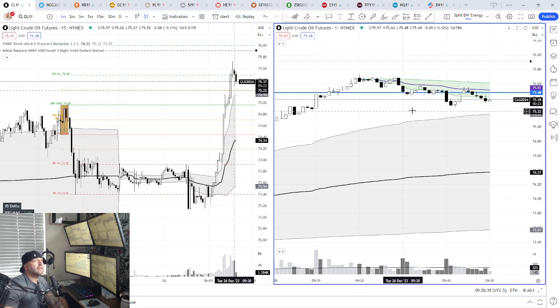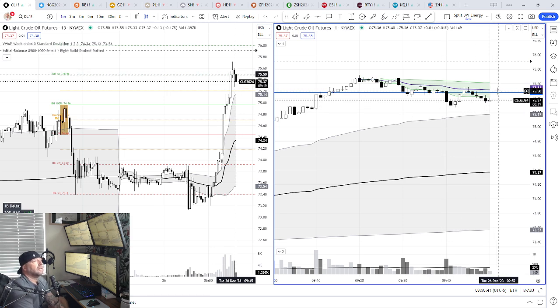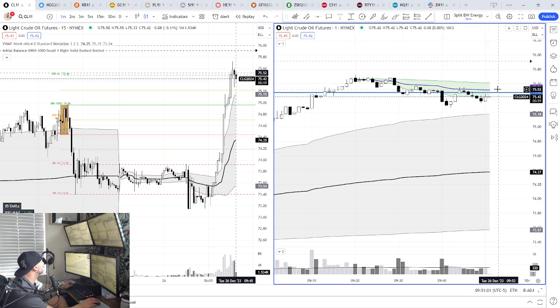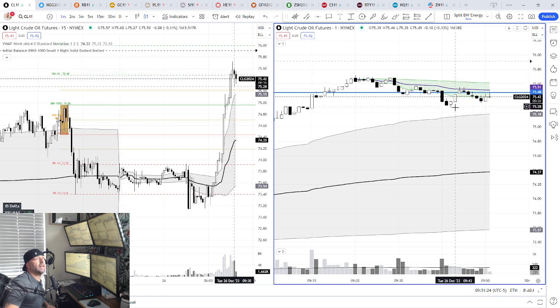So no longs until we're back over VWAP from the high. We touched that 48 level again.